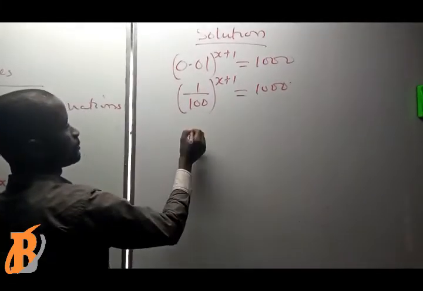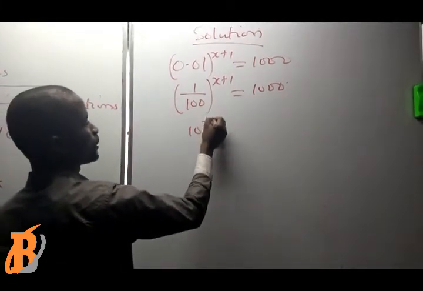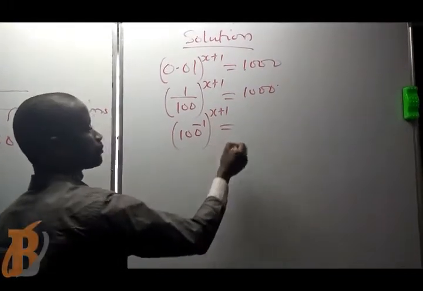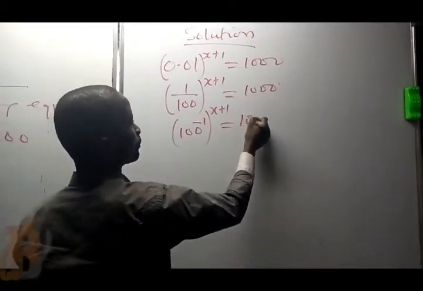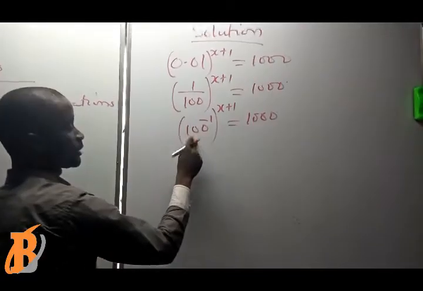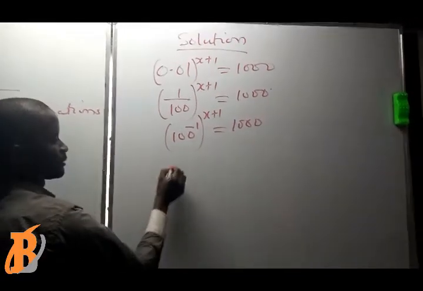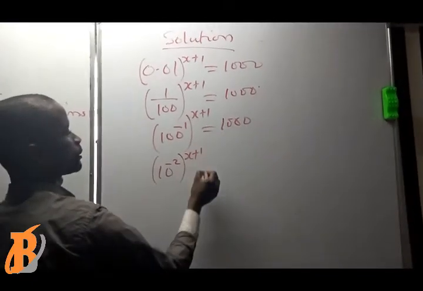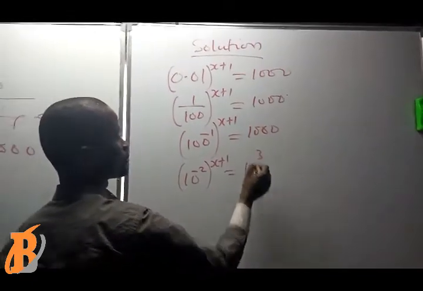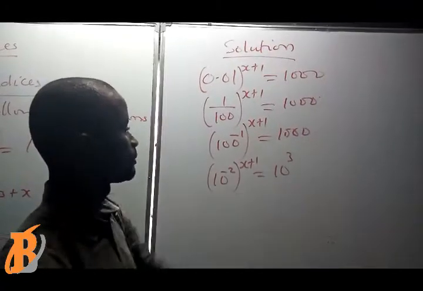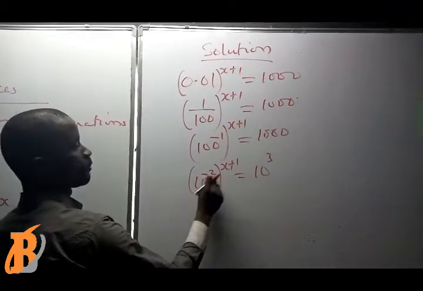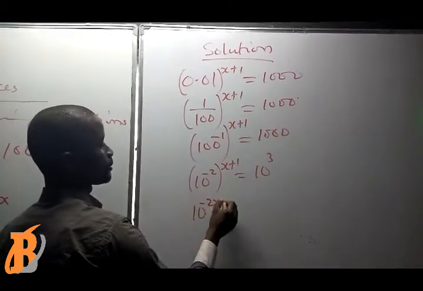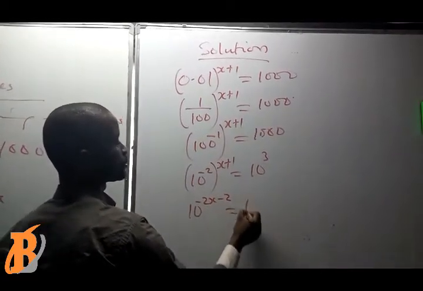Now this is the same thing as 100 to the power of minus 1, to the power of x plus 1, equal to 1,000. And then this 100 can be written as 10 raised to power minus 2, all to the power of x plus 1, equal to 10 raised to power 3, because 10 raised to power 3 is the same thing as 1000. Open the bracket. That is 10 to the power of minus 2x minus 2 equal to 10 raised to power 3.